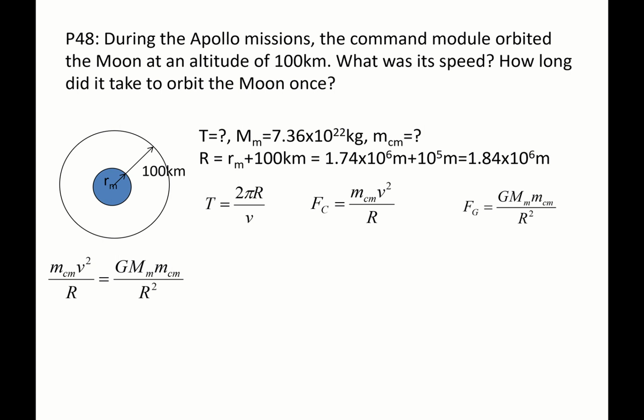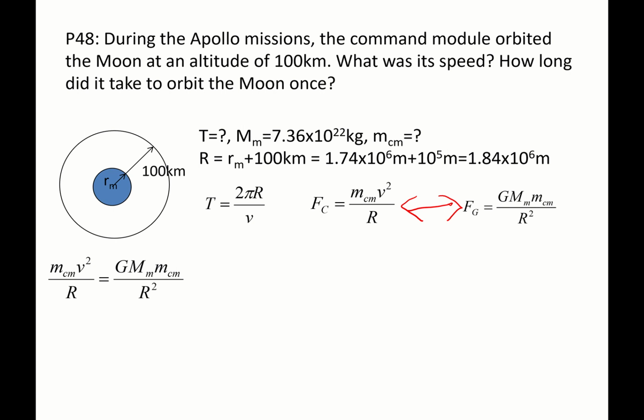Well, the one thing I know is that if it's moving around the planet, there must be a force, mv squared over r, towards the center, and that has to be provided by gravity. So I can set those two equations for the forces equal to each other. So mv squared over r equals G M m over r squared, where we have the mass of the command module on both sides.